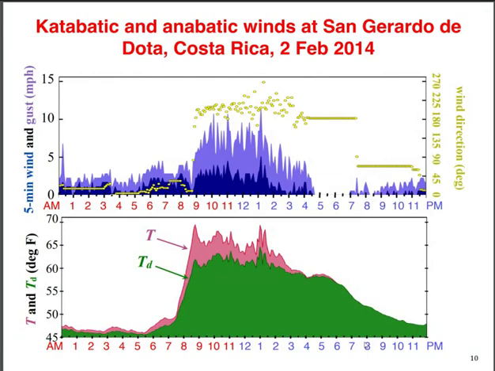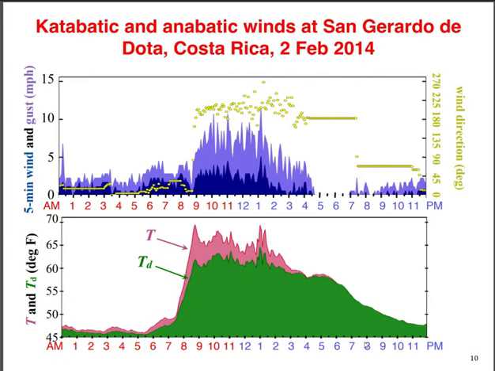As you probably imagine, the talk is going to be on the theoretical side, but before we wallow into that kind of stuff, I wanted to show at least one real data case. This is an example of the katabatic and anabatic winds at a biological field station in Costa Rica in a cloud forest. On the top, we have the wind and the gusts for a 24-hour period.